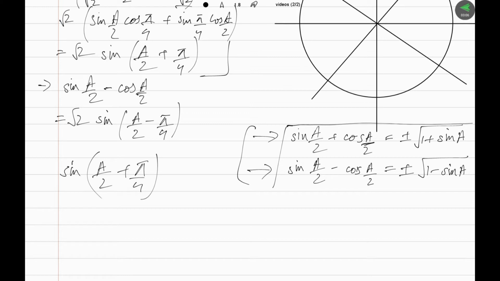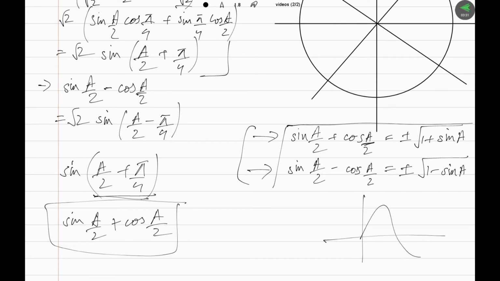Where this whole angle is positive, there sine A over 2 plus cosine A over 2 will be positive, and sine is positive only in the interval 0 to pi. We can see on the graph of sine, this is 0 and this is pi, this is the positive y-axis and this is the negative y. You can see that it's positive only in the region 0 to pi.